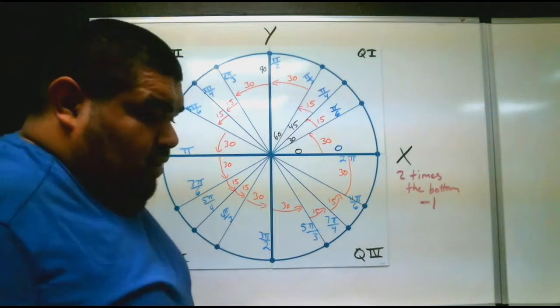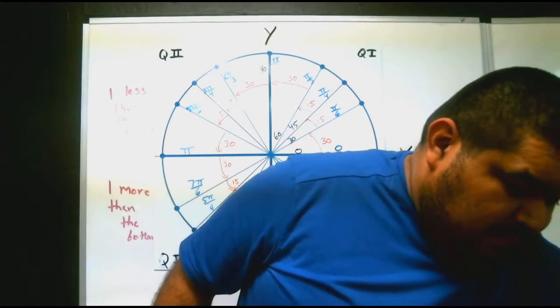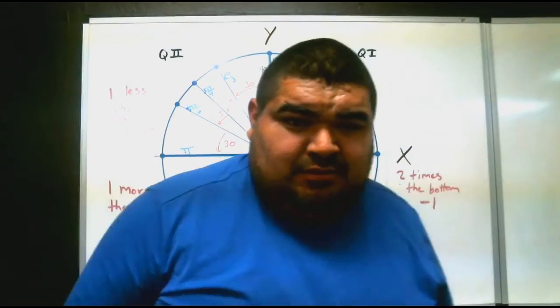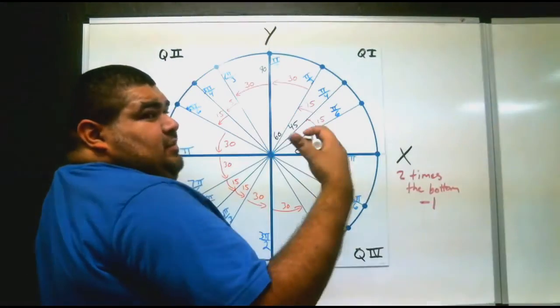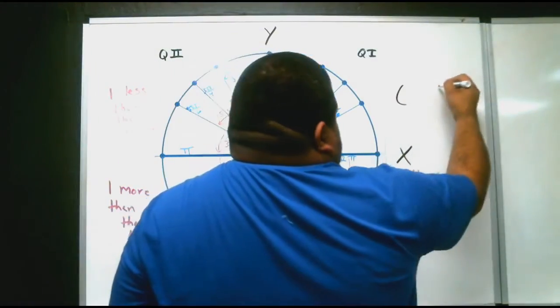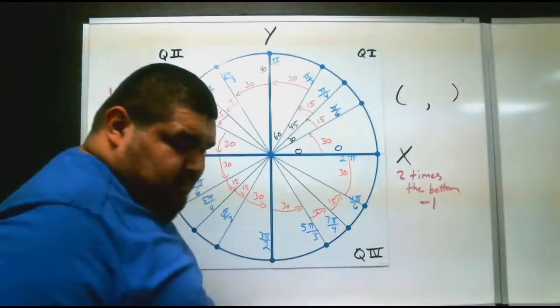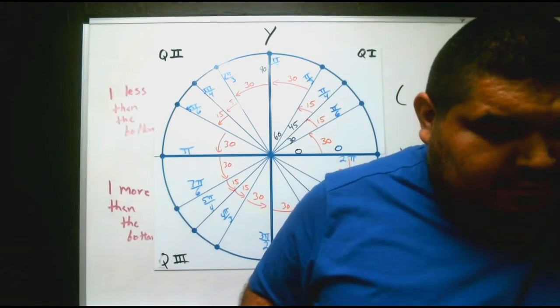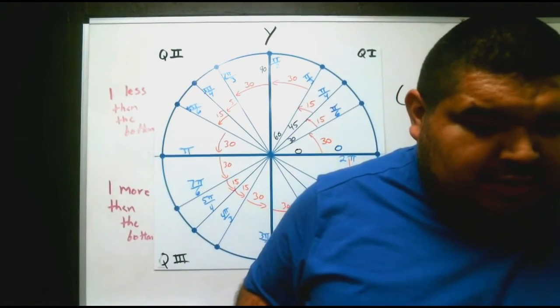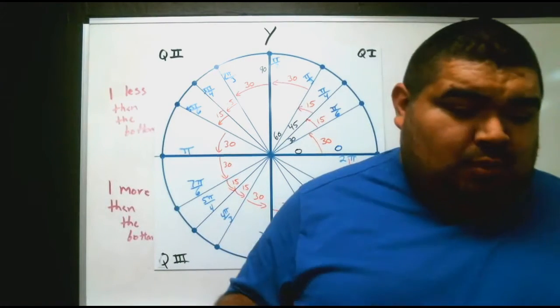All right, one more thing to know. When it comes to sine and cosine, okay, think of it as this. Each one of them has a cosine and a sine. Okay, which means that you have one as your x-axis and one as your y-axis.